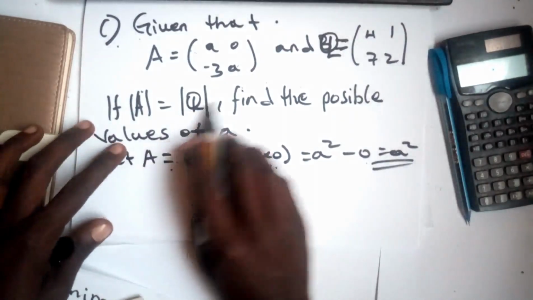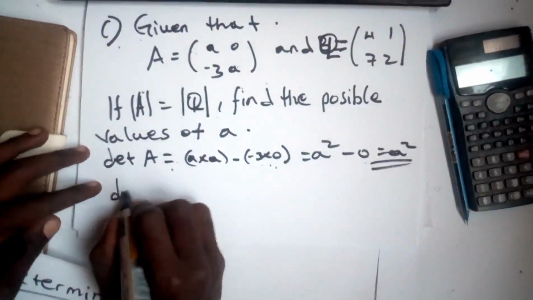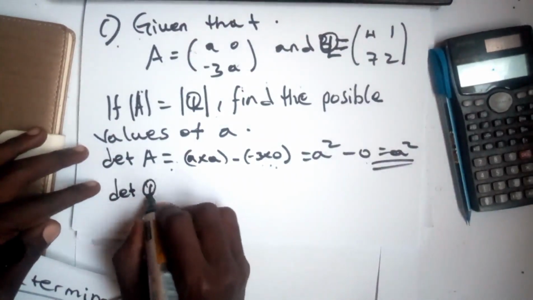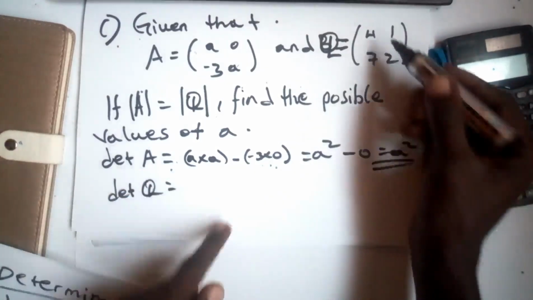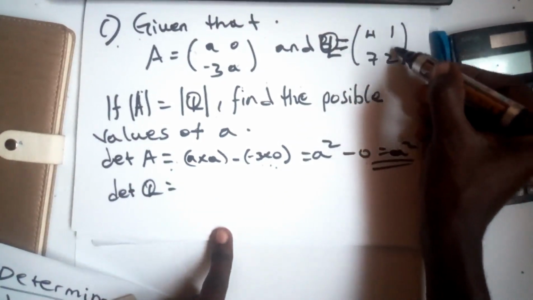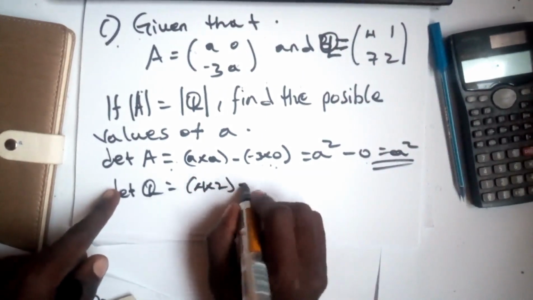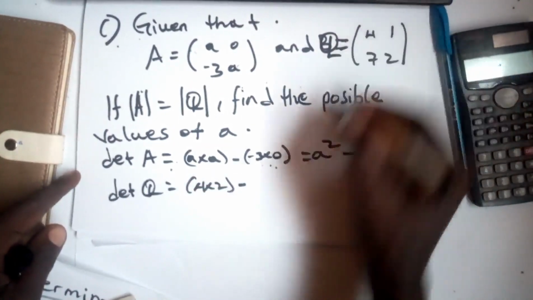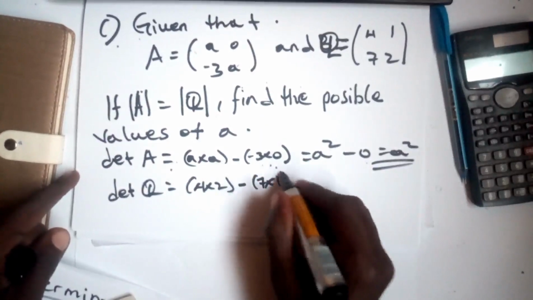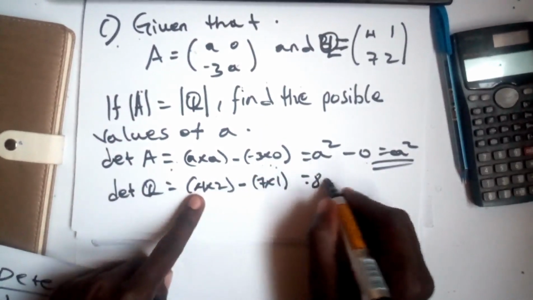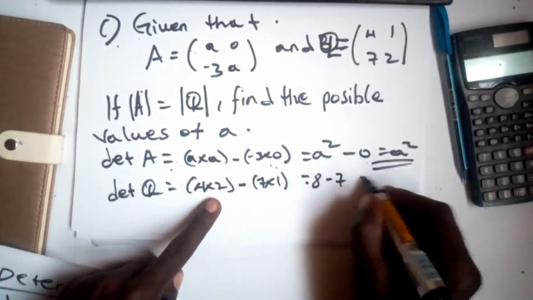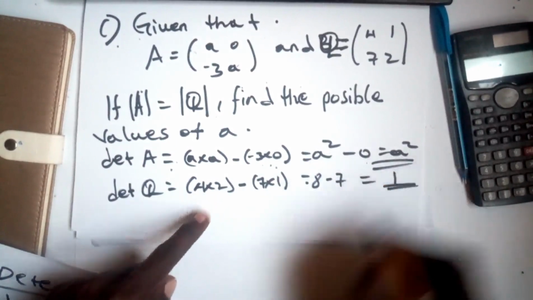Then we go for the determinant of matrix Q. It is also going to be the product of the terms in the leading diagonal, which is 4 times 2, minus the product of the terms in the minor diagonal, which is 7 times 1, which gives us 8 minus 7, and this is giving us 1.